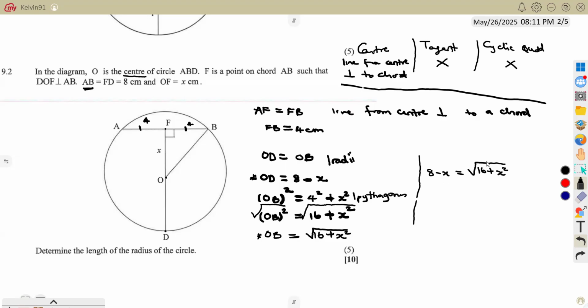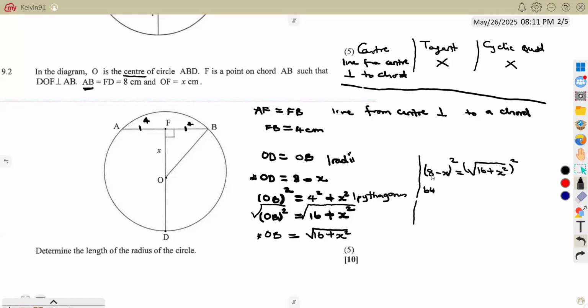Then to get rid of the square root, we have to square both sides. When you square here, 8 squared is 64.